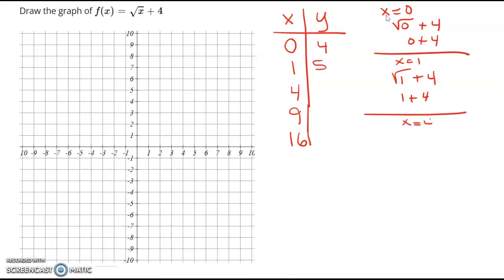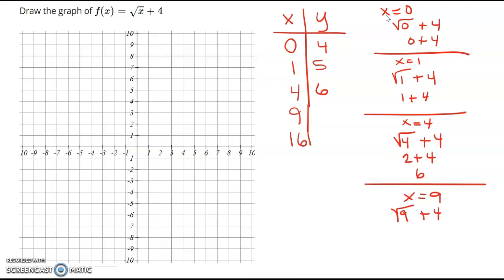If x equals 4, we'll have square root of 4 plus 4. Square root of 4 is just 2. 2 plus 4 is 6. If we have x equals 9, square root of 9 plus 4, square root of 9 is 3, 3 plus 4 is 7. We kind of see a pattern here.